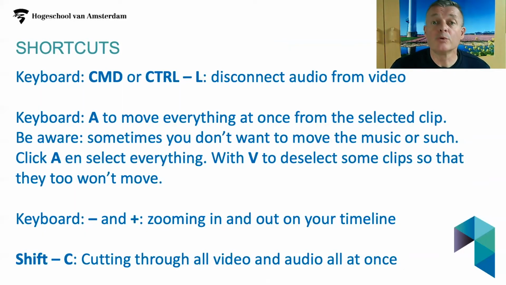Well, I think you know this one already. With the plus and the minus on your keyboard, you can maximize and minimize your clip. And with Shift C, you cut through all video and audio layers at once. Most of the time you will use that one.